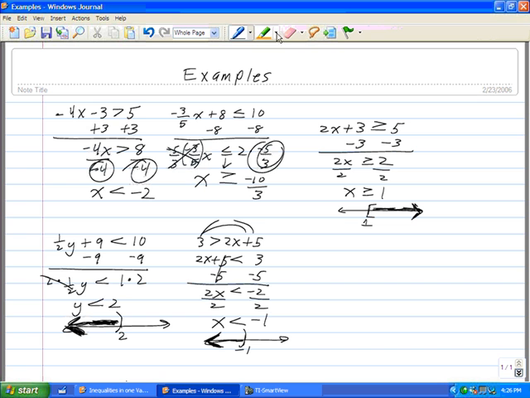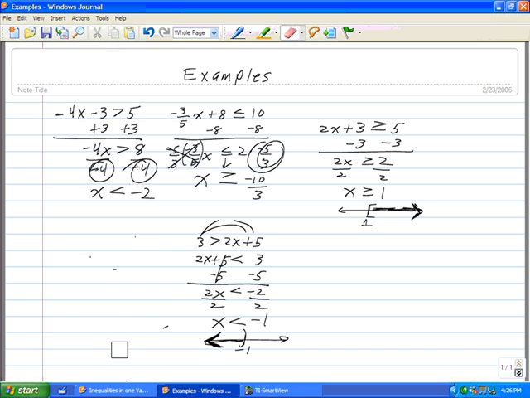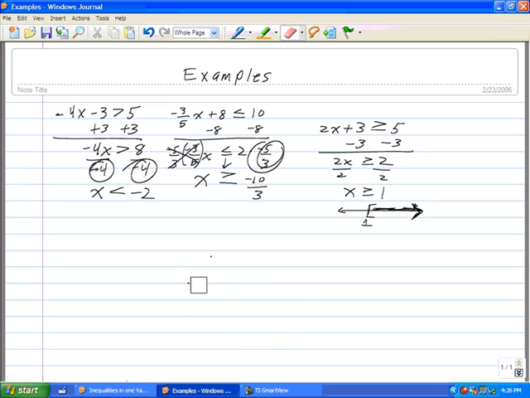Now you can also run into a couple other types of situations. It is possible, like with your linear equations, to end up with either infinitely many or no solution at all. And the way that happens is similar to what you've seen before.